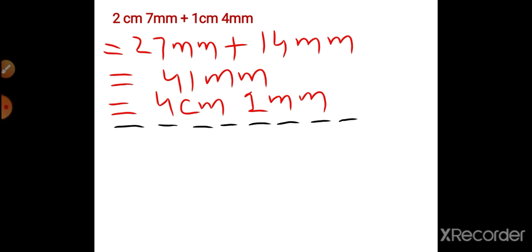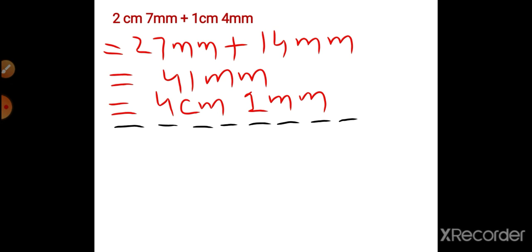As we have followed our 3 steps, now I'm going to follow our 4th step, that is, we have to check our answer, whether it is correct or wrong. For doing so, we have to work backward. We have to use subtraction in place of addition and addition in place of subtraction.